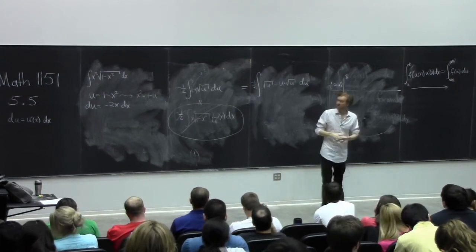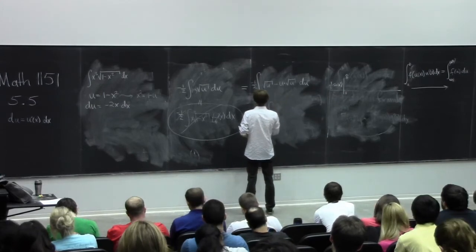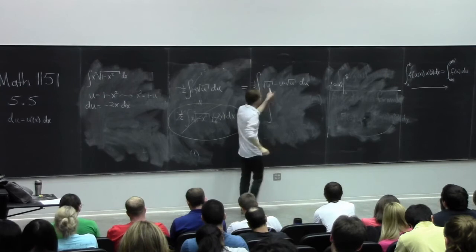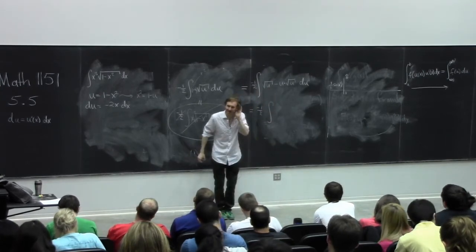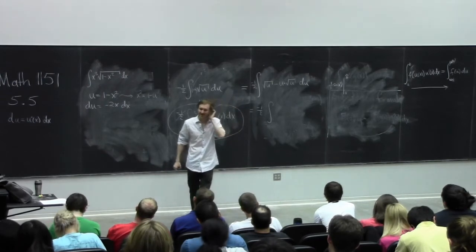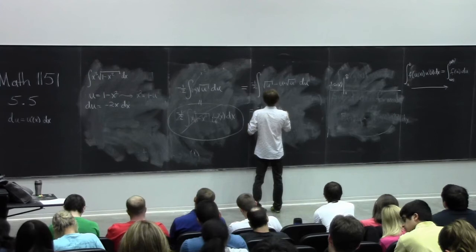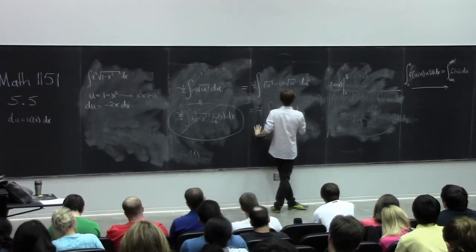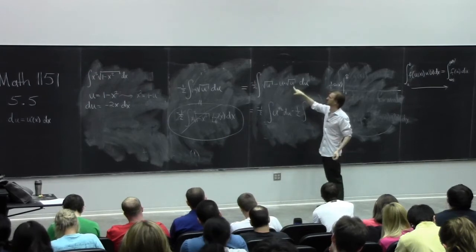We could split the integral. Sure, why not? This is equal to minus 1/2 integral of, what should I do with that square root though? As u to the 1/2, right? u to the 1/2 du, minus 1/2 integral of, what's this going to be?